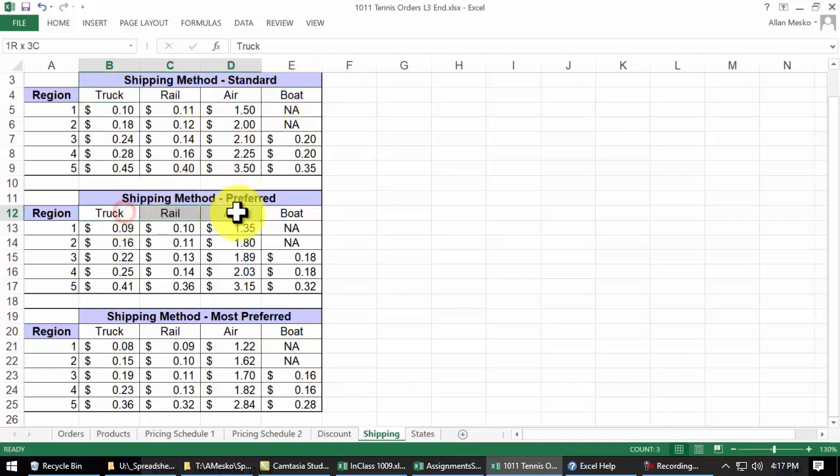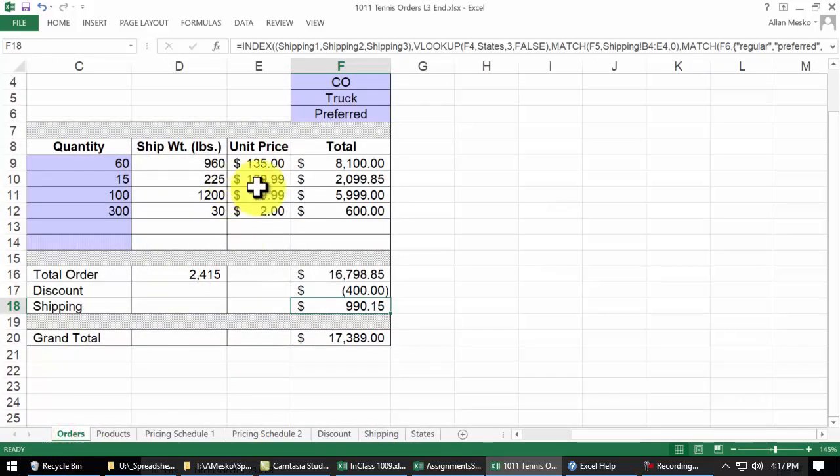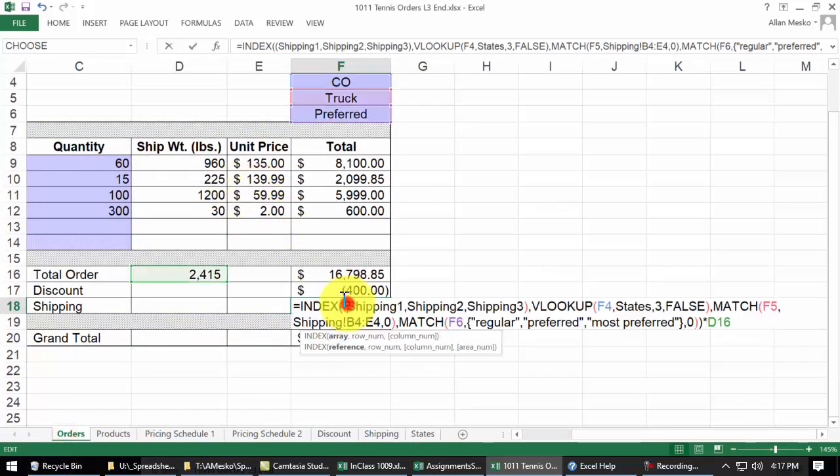We could have just as easily looked here or looked here because they're in the same order. So that part is going to tell us which column we want for our index function right here. The column number is going to be, find out whatever they put up here and go match it and see where it falls.